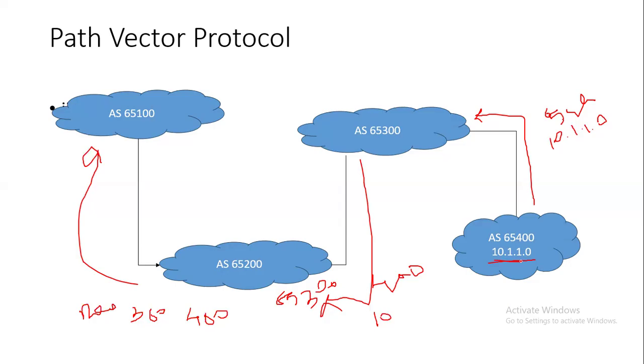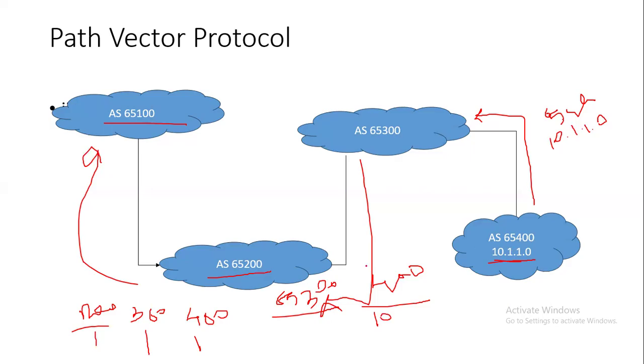We'll see loop prevention in the next slide, but the path vector is how they carry information. When it reaches AS 65100, it will know that it came first from 400, second from 300, and third from 200, along with the network information.